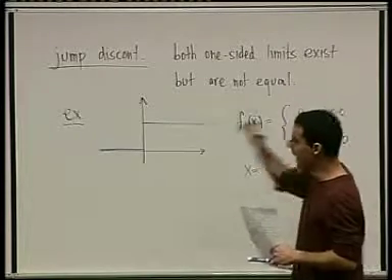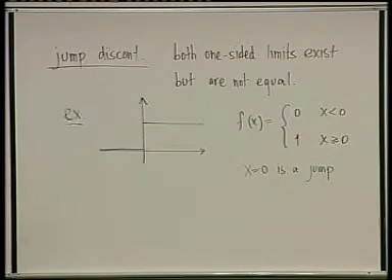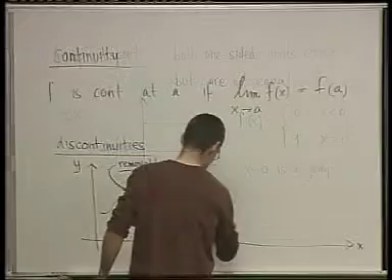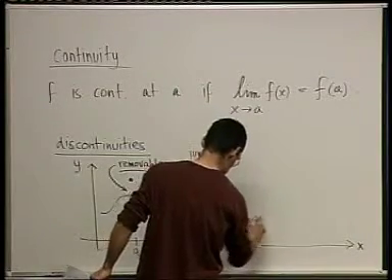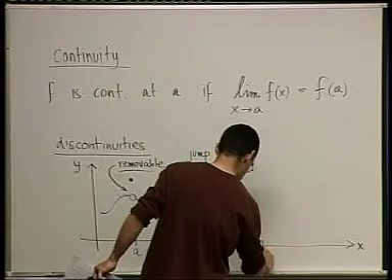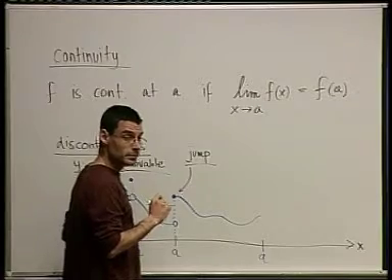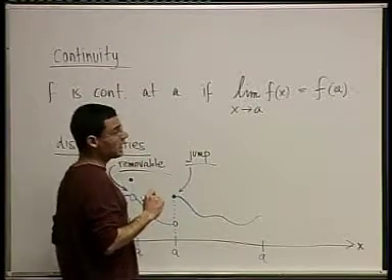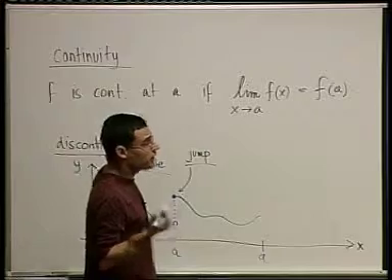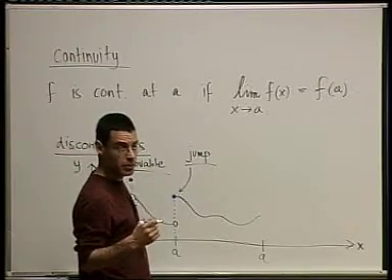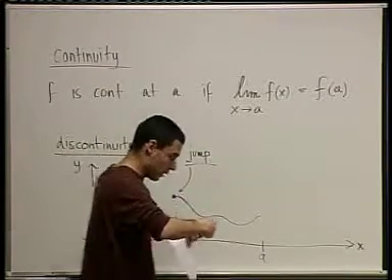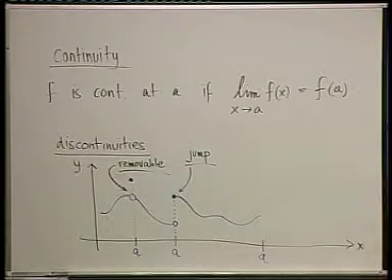Okay, so back to that board. There's a third kind. So let's be original and denote this point by A. This one you didn't fix it, right? Well, you can't, good question, you can't fix a jump discontinuity without tampering with the definition of the function on a neighborhood.